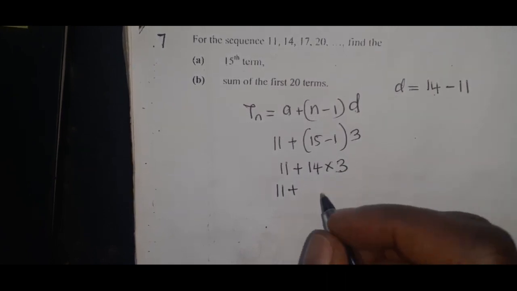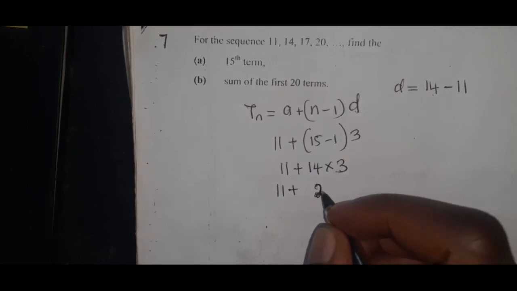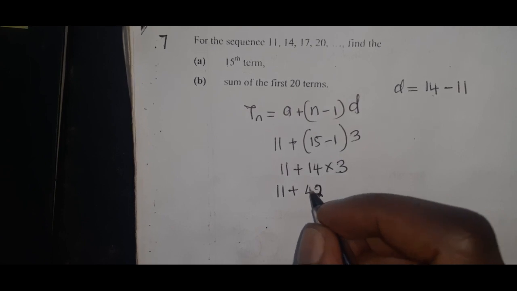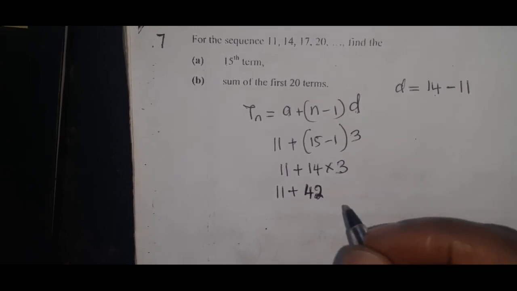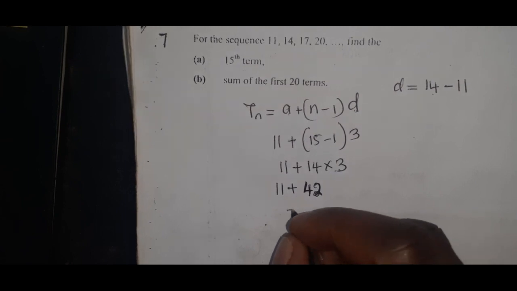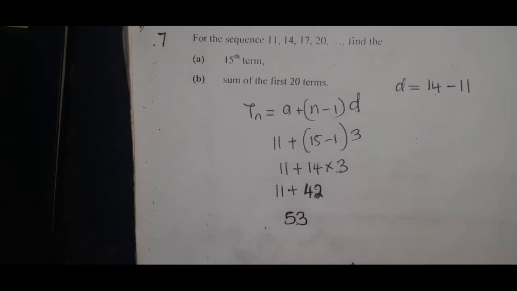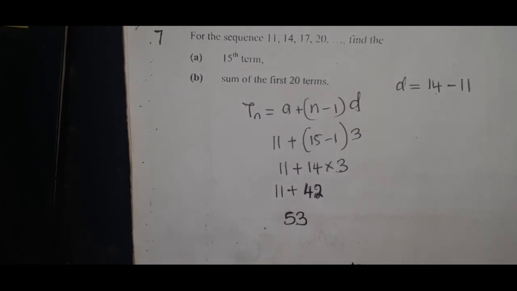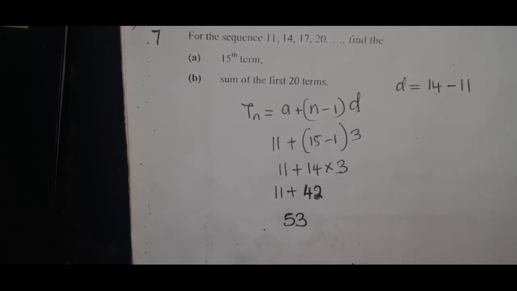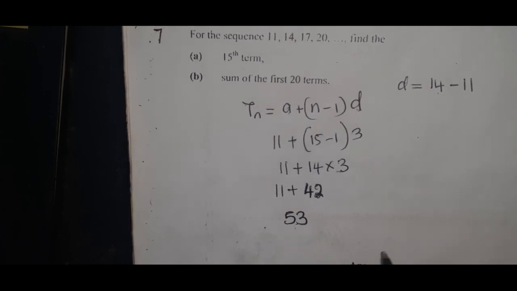This gives us 12. So this is going to give us 42. So 42, when you add, what do you get? This gives you 53. So meaning the 15th term is 53.